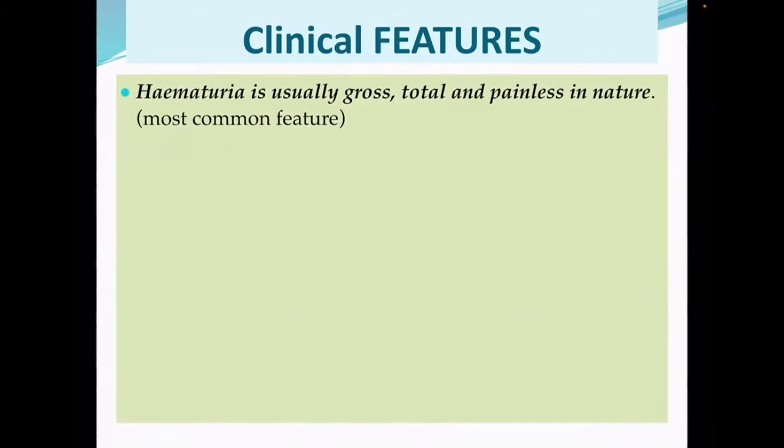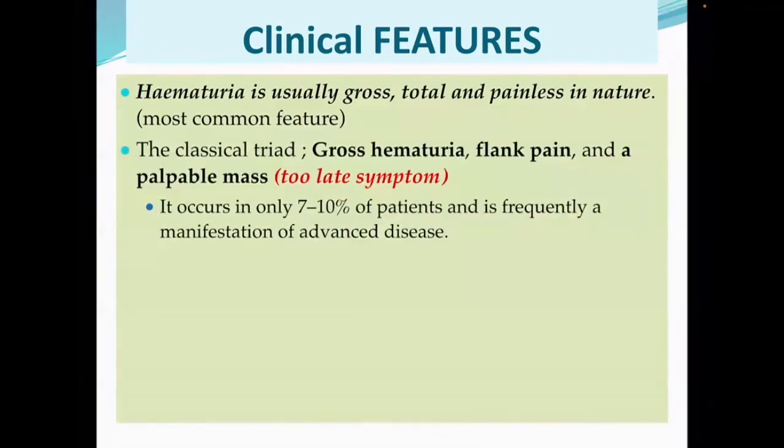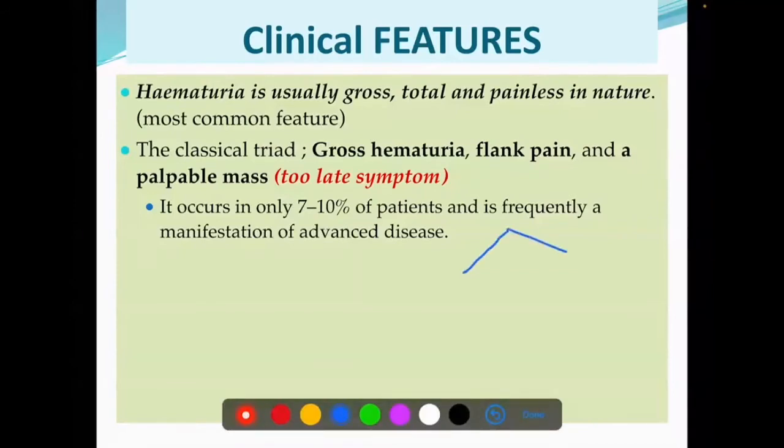Sometimes a patient may come to us with a triad of symptoms. Triad means three symptoms together: gross hematuria, flank pain, and a palpable kidney or palpable mass. Suppose there's a kidney tumor, RCC, not that big. Then you cannot palpate the tumor or kidney itself.